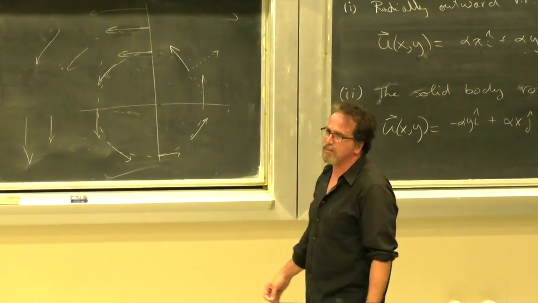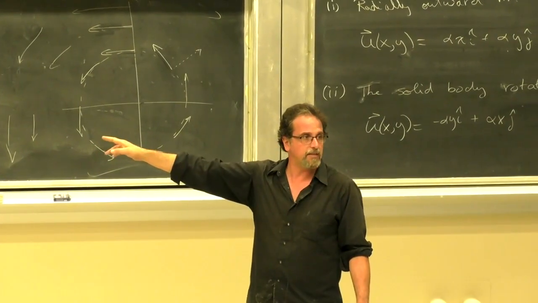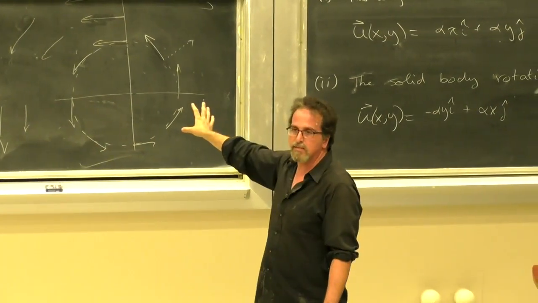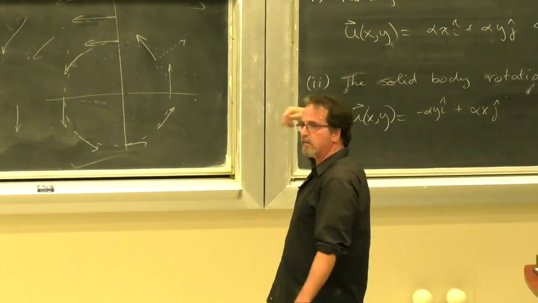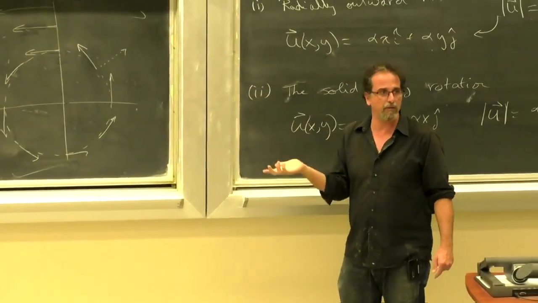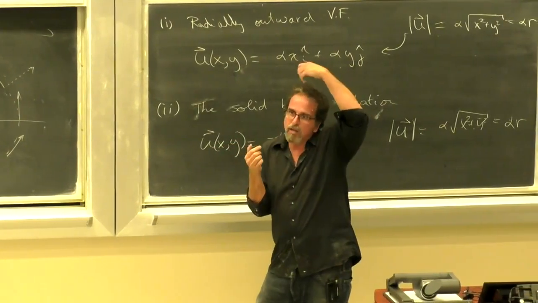For those of you taking linear algebra, that vector field is related to diagonal matrices of trace 1. This vector field is related to antisymmetric matrices. And this last vector field will be related to symmetric trace-free matrices. So put that in your little box in your head.